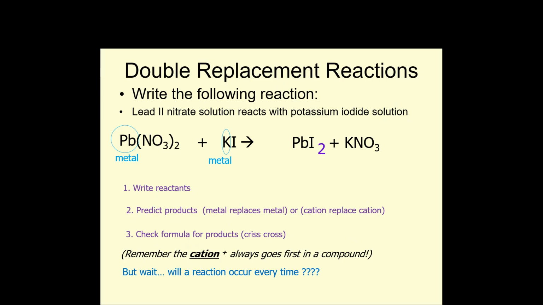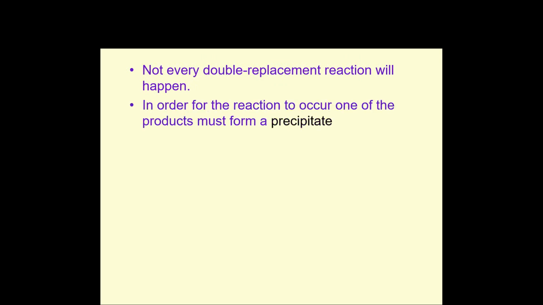So we're going to figure out whether or not the reaction is going to occur using what are called solubility rules. In order for them to work, they either have to form a gas or a precipitate. We're going to focus mostly on precipitates here.